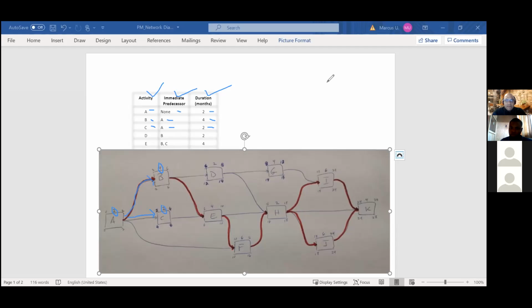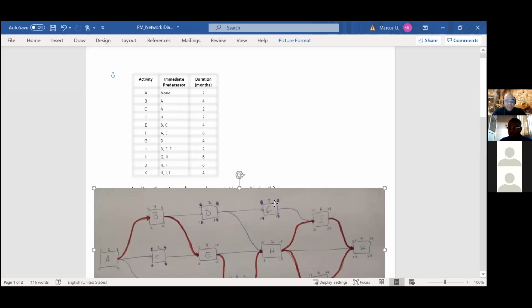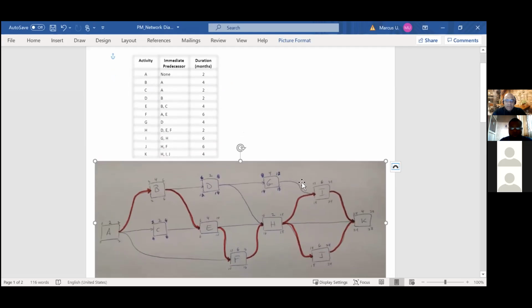And if, just a minute here, if we continue with this, we get to the end, the last one, and you can see activity J, predecessor is H and F. So J here, I missed it at one point.